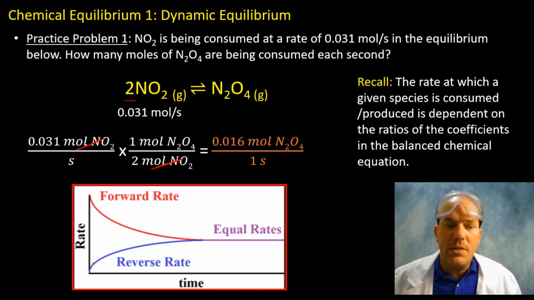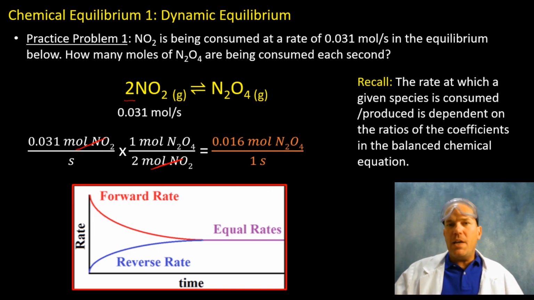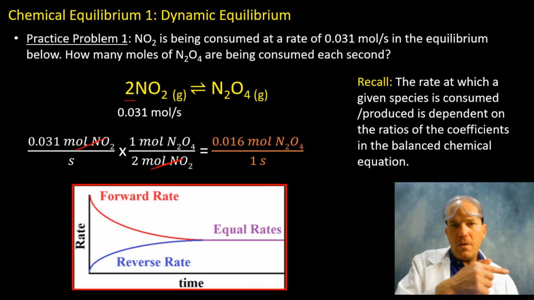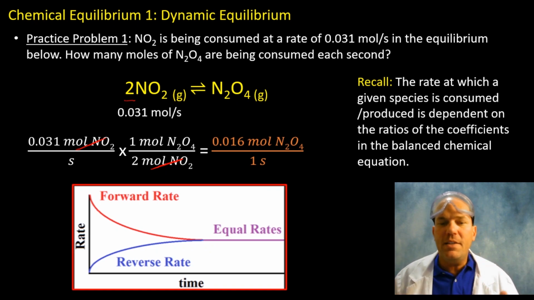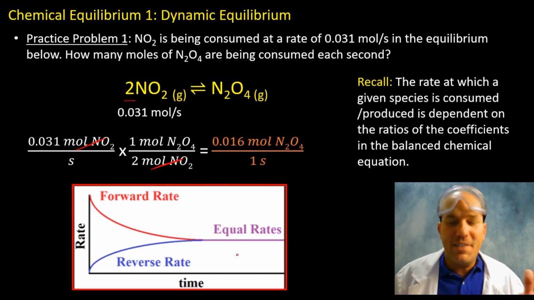So now we start to see the formation of products in the reverse. Because as it approaches dynamic equilibrium, the reverse process is occurring, and then the forward process until equilibrium is achieved. And in this case, equilibrium is achieved when the forward and reverse rates are the same.